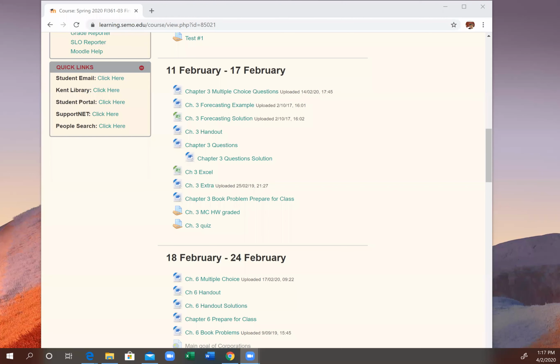The test is going to cover stuff from chapter 3, which is ratios.